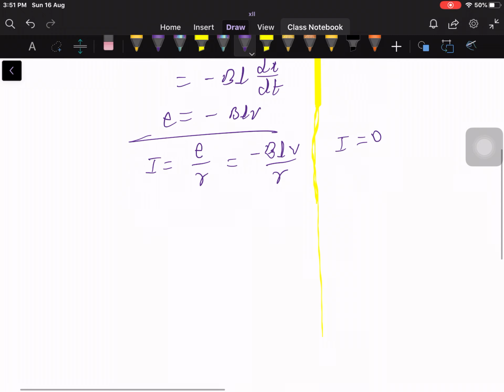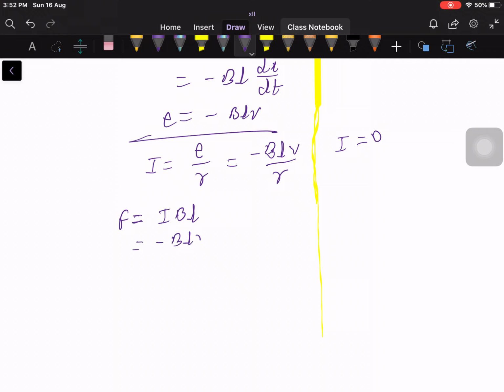Okay, let's see now. Another thing, after current, I think force. So the formula for force is I B L sin theta. Because the motion of the arm and the direction of the magnetic field will be 90 degrees, it is sin 90, that is 1, so we are avoiding that. What is I?